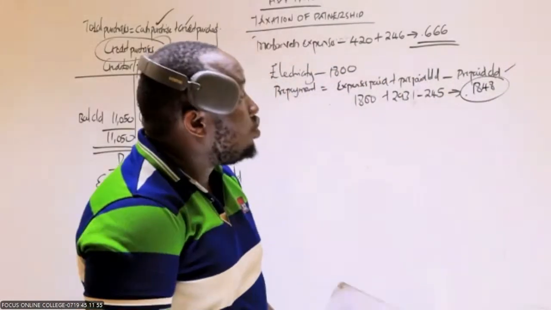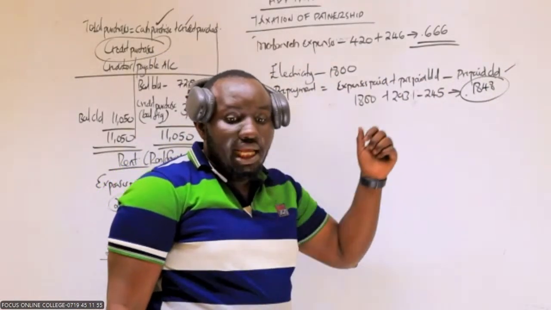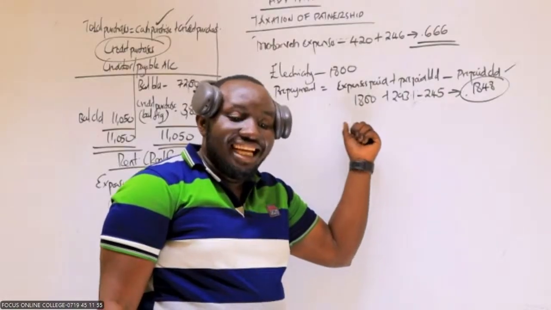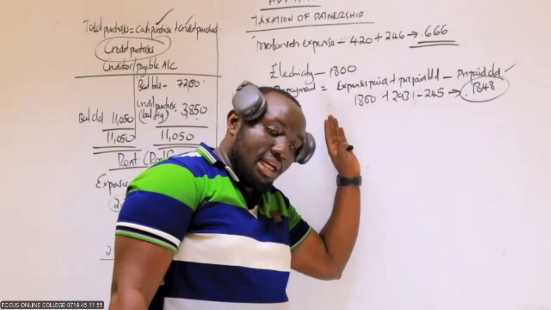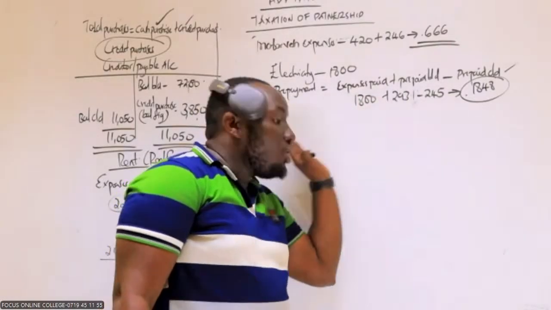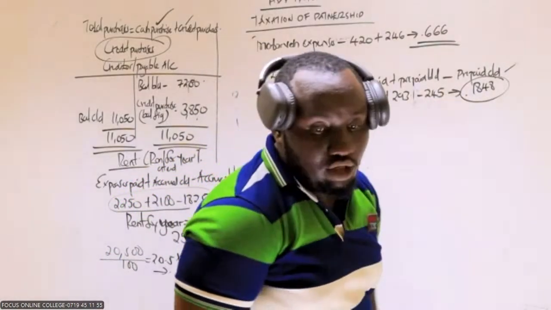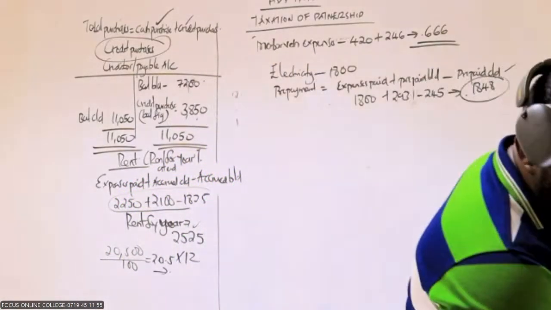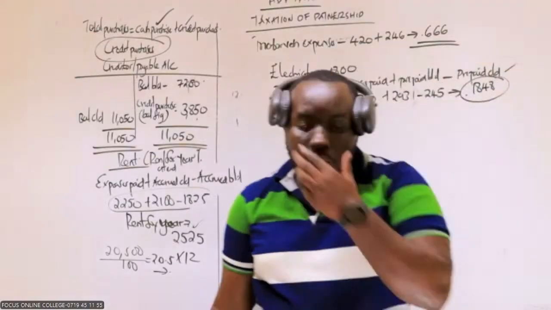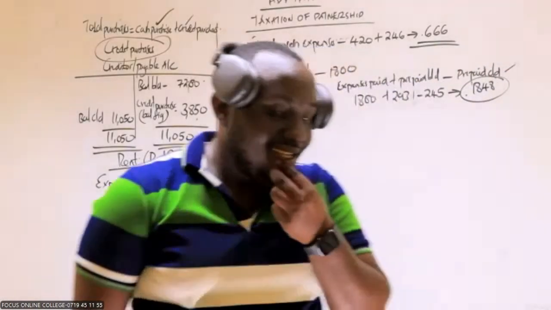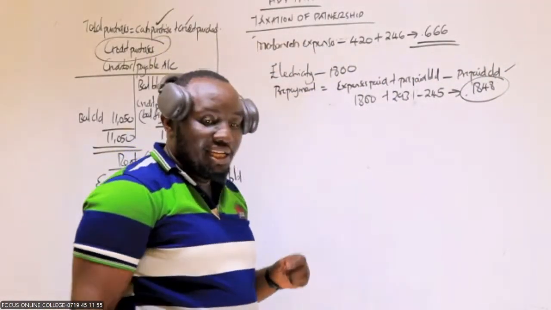So when it comes to examination, you do the entry below electricity, maybe beside it or below it. You just get that entry by understanding this. Don't do that working separately. Is that noted? I'm not seeing anybody responding.